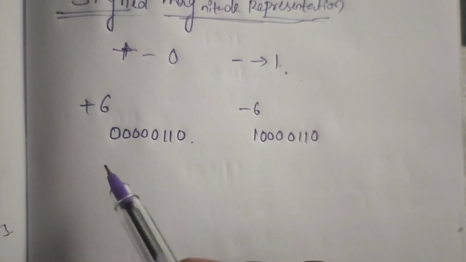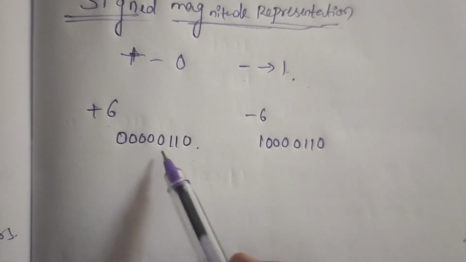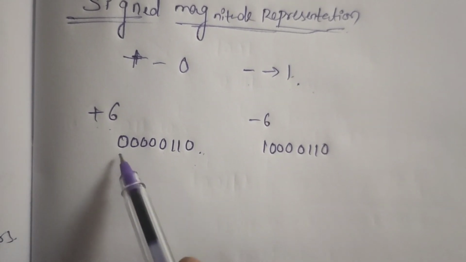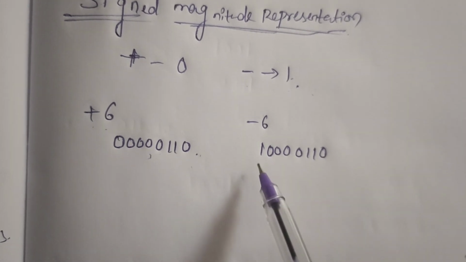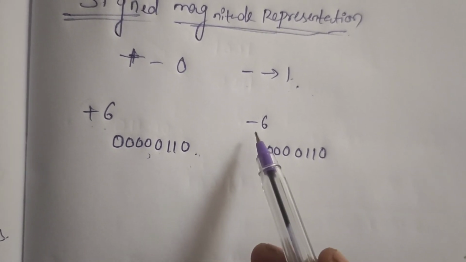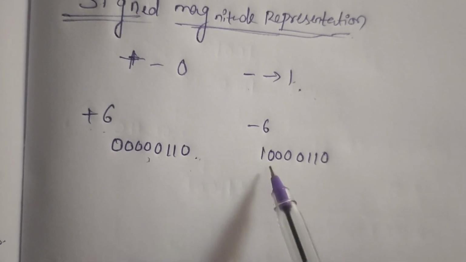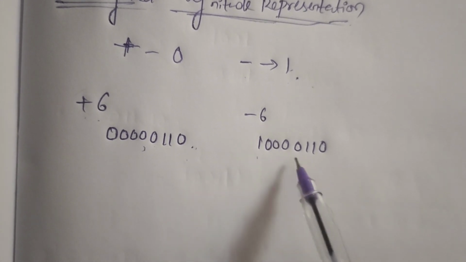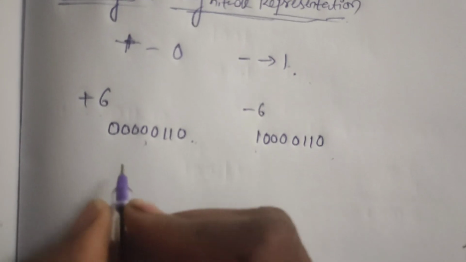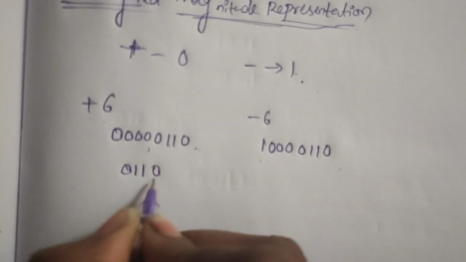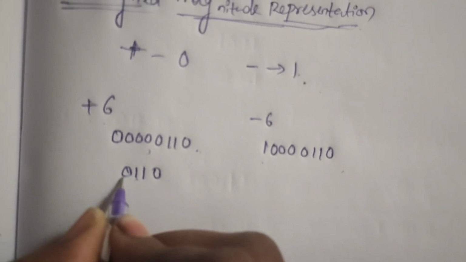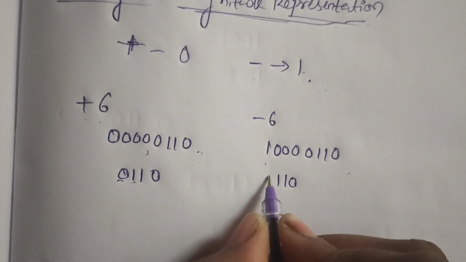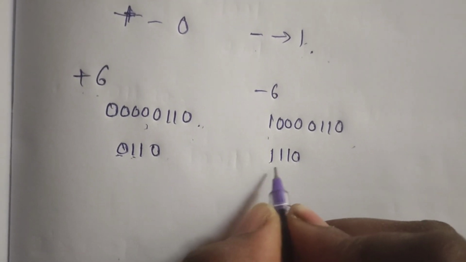If we take a single sign bit with 4-bit representation, 6 is nothing but 110, so plus 6 is written as 0110. And for minus 6, the MSB is 1, so the first bit I write as 1, and the remaining bits are 110. So this is the sign magnitude representation.